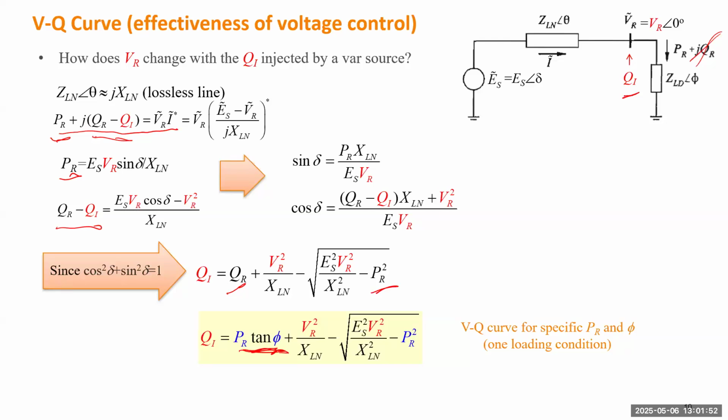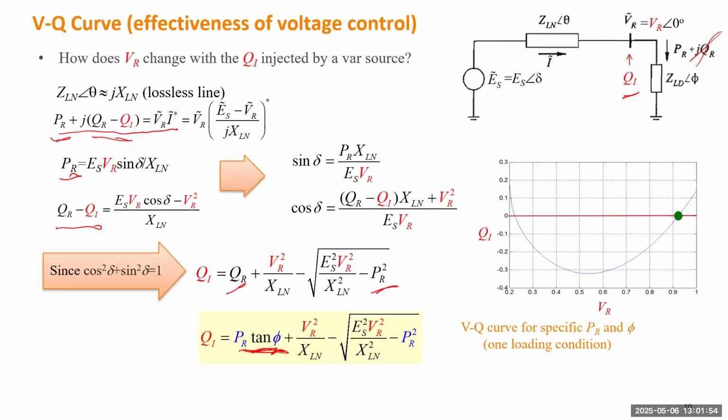If we know PR and phi, the curve will be like this one. X will be the voltage magnitude, Y will be the injection of the reactive power. So I draw a horizontal line at 0, which indicates the condition without control because QI is equal to 0. So when you don't add any control, there will be one line, and that line intersects with the VQ curve at 2 points.